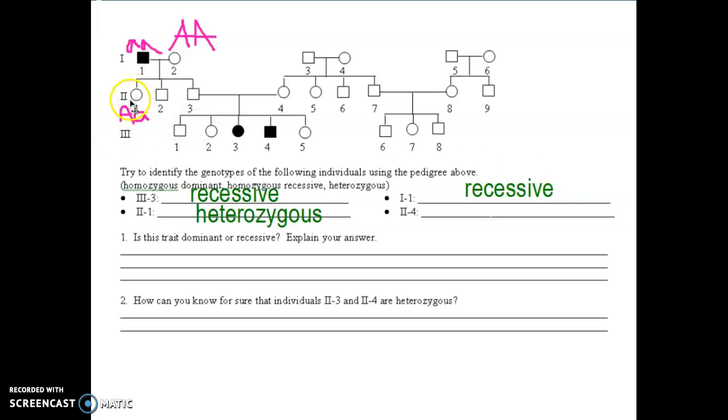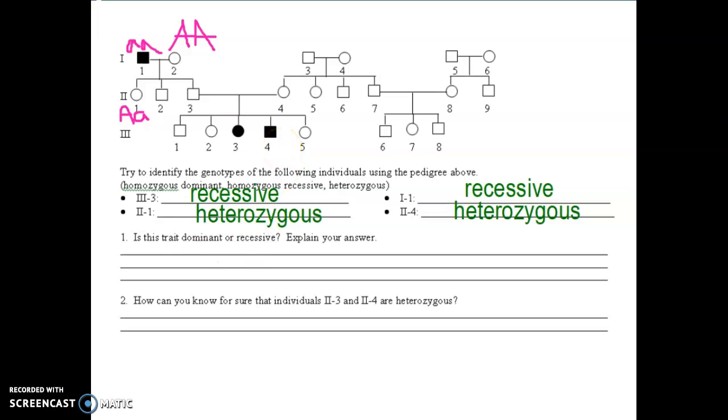And then person 2, 4, okay, it looks like she's completely dominant. However, you see how her son and daughter here have this trait? So it had to be gotten from somewhere, okay? So this one here could be heterozygous, okay? Because they both have to be. Person 3 and person 4 have to be heterozygous in order for their kids 3 and 4 to have it.